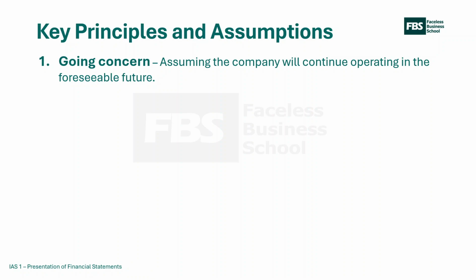If management has significant concerns about the entity's ability to continue as a going concern, the uncertainties must be disclosed. If management concludes that the entity is not a going concern, the financial statements should not be prepared on a going concern basis, in which case IAS 1 requires a series of disclosures.